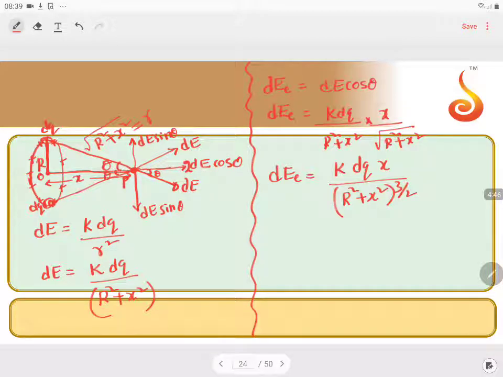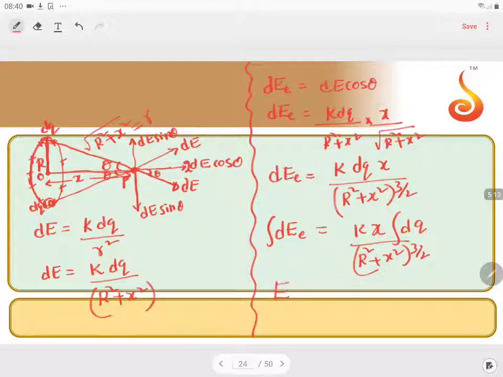To get the total electric field due to this ring, we have to integrate. Only dq we have to integrate here. x is constant, k is constant, and r square plus x square whole power 3 by 2 is constant, so we integrate only dq.